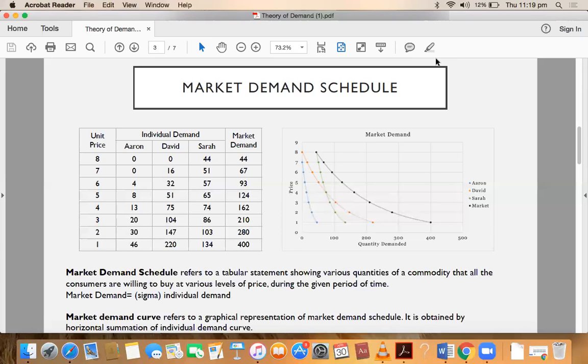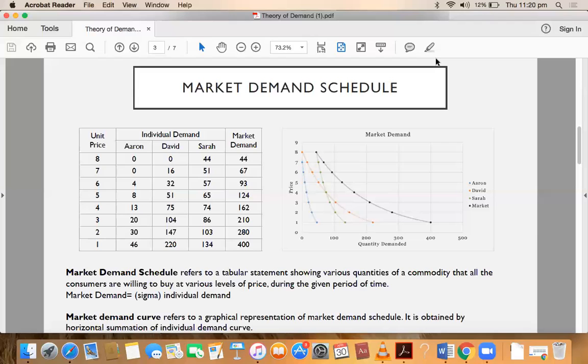And you can see this in the market demand curve. As the price of the commodity is falling, demand of the commodity is rising. At the price of rupees 1, Aaron's demand is 46, David's demand is 220, Sarah's demand is 134, and market demand is 400. This is market demand schedule.